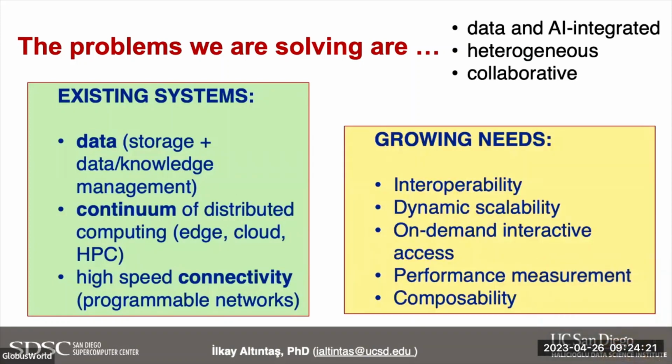I think the growing needs I list here: interoperability, both between systems and services, on-demand interactive access, dynamic scalability. I looked through some old slides to find those yesterday, and these were actually a lot more part of the discussion 20 years ago than 10 years ago.